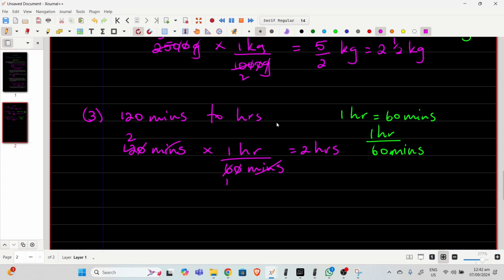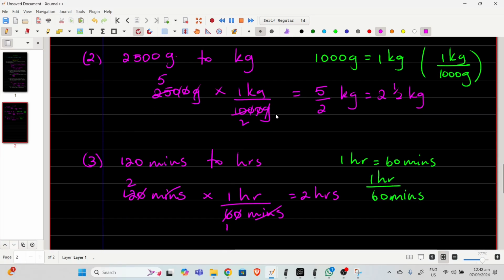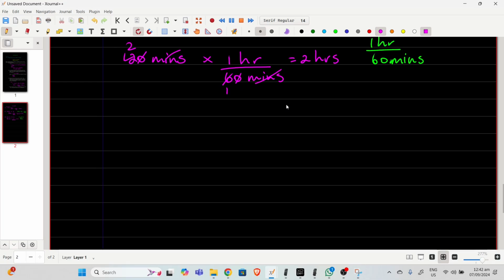Now all of this is very simple, very easy so far. But how about if we have a combination of units? Let's say for example we're required to convert 10 meters per second to kilometers per hour. This is going to be a little bit different because it has more to deal with. So you're going to think of your two conversion factors. We're seeing right away that I need to convert meters to kilometers.